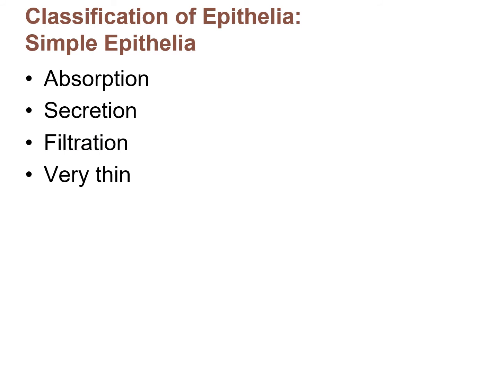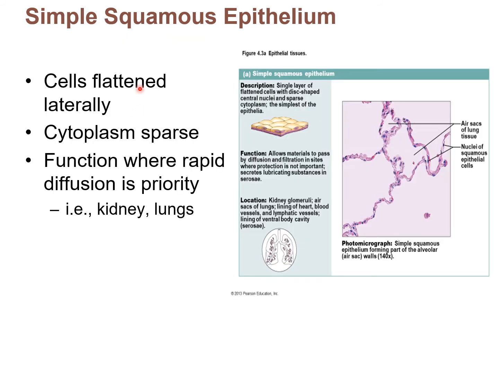You are going to have a simple epithelial tissue. An example is a simple squamous epithelium. So one more time, simple meaning that you have one layer, and the cells look flat. That's why it's called simple squamous. And whenever you see simple, right away you are going to be thinking of functions like filtration, absorption, secretion, okay? You are not going to think of protection.